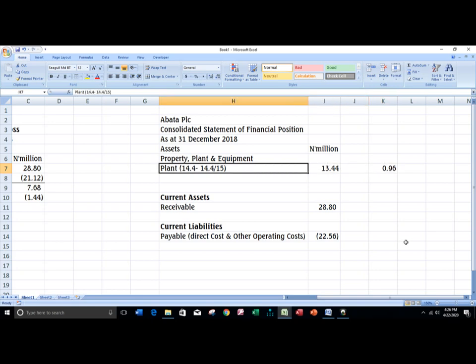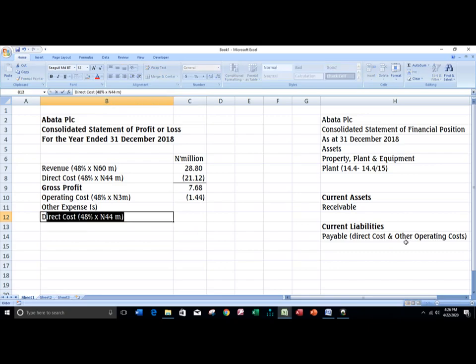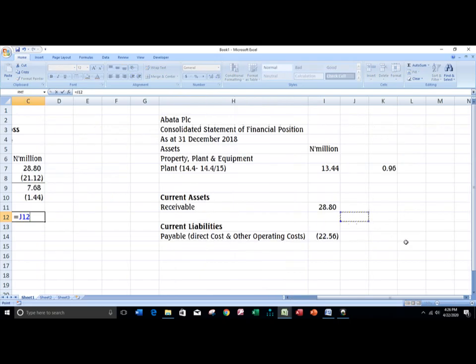13.44. And then because we've charged depreciation now of 0.96, that is another expense. So come here, charge depreciation. And how much is the depreciation? 0.96.